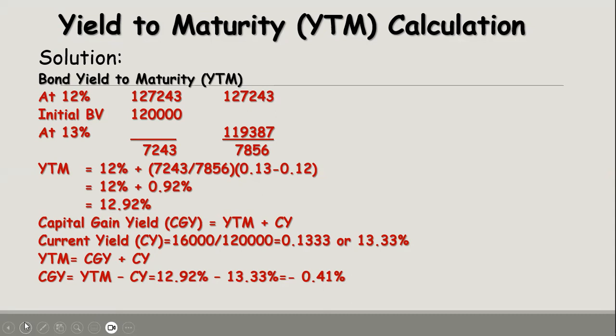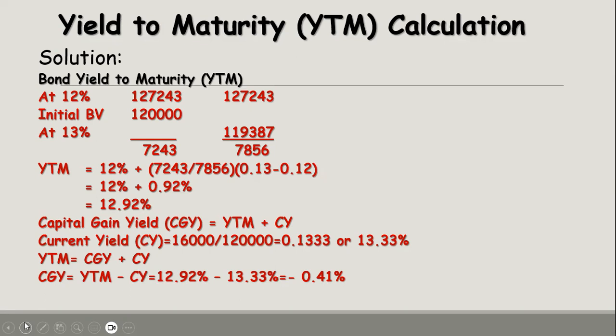So the value falls somewhere between 12% and 13%. So yield to maturity comes to 12% plus 7,243 divided by 7,856, times the difference in the percentage, which is 0.01. So it is equal to 0.92%.